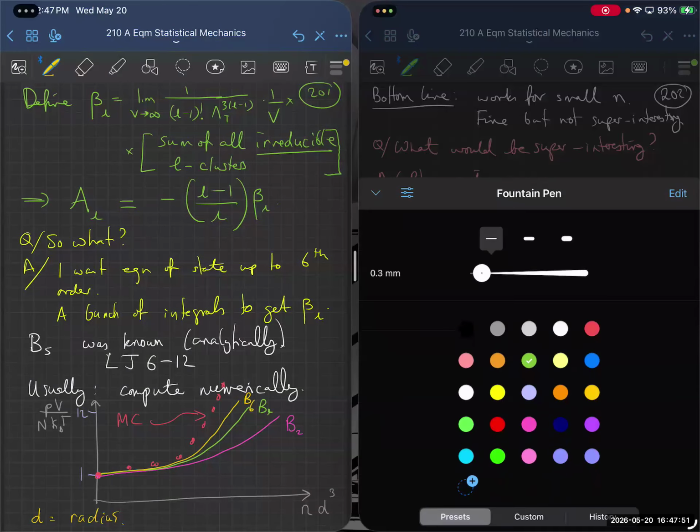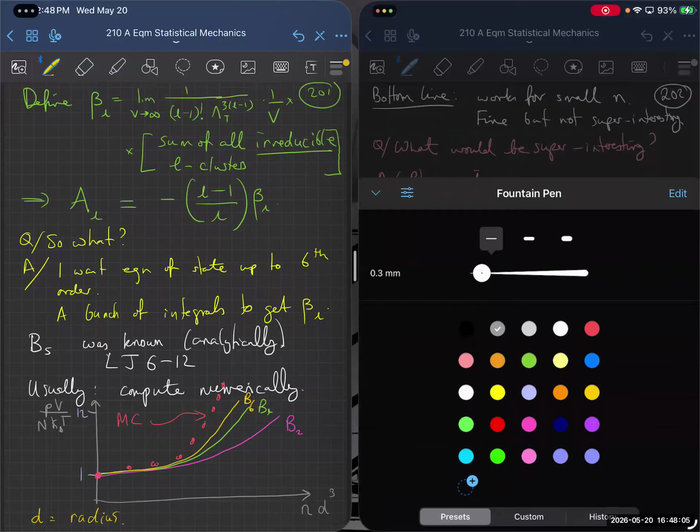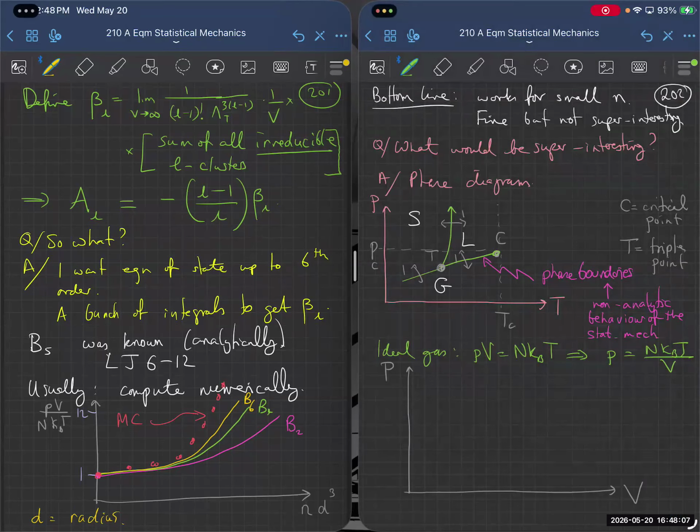Let's now draw the pressure volume isotherms. What we're going to do now is answer the question, what happens at fixed T? So we're going to keep T fixed, and then look at what is P as a function of V.